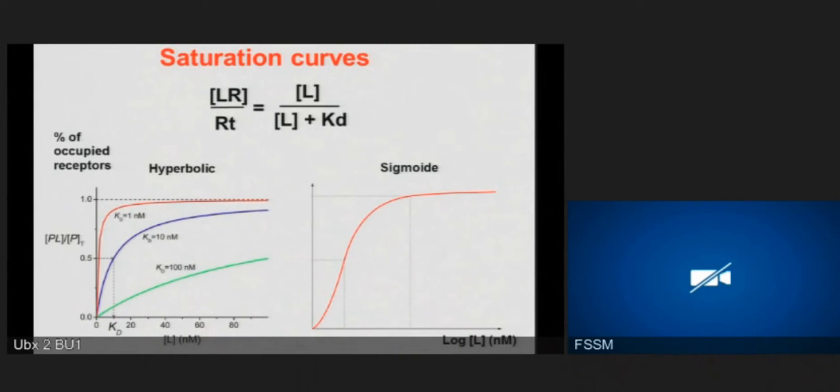And between you and me, the sigmoid representation is better because you can see on a large scale the behavior of different ligands. Basically, it's simply to transform the concentration into the log of concentration.